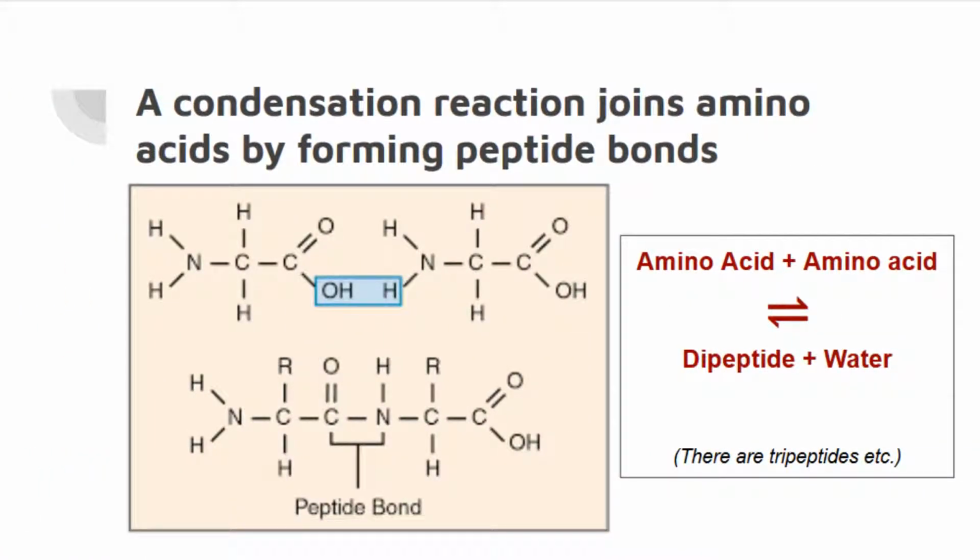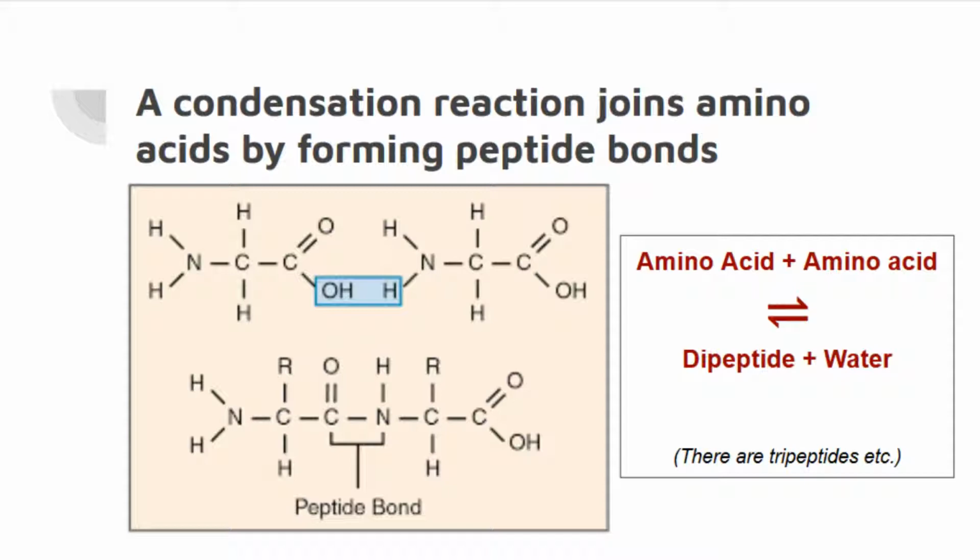Dipeptides are formed by the condensation of 2 amino acids. Polypeptides are formed via condensation reactions between the amine group of one amino acid and the carboxyl group of another. A molecule of water is released during reaction. The bonds formed between amino acids are called peptide bonds.